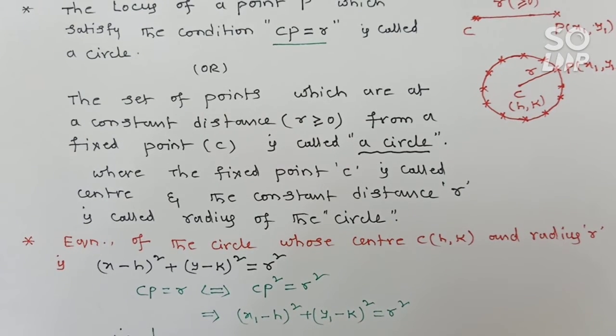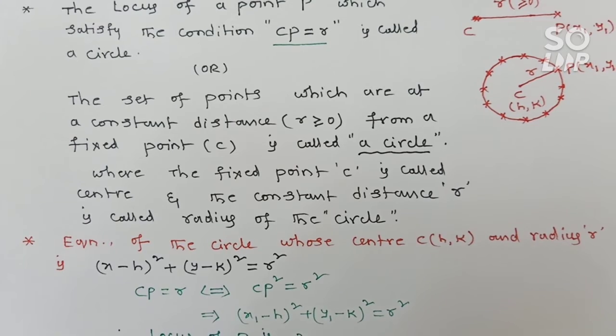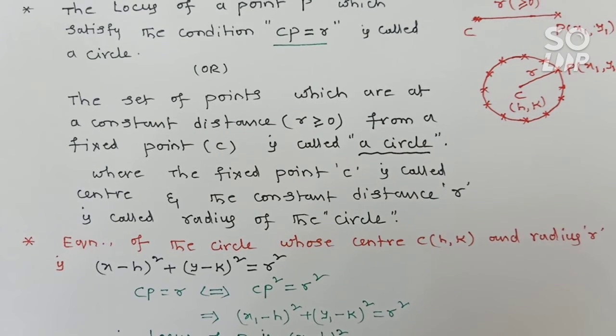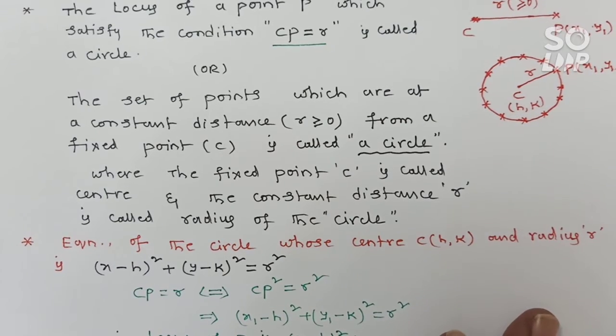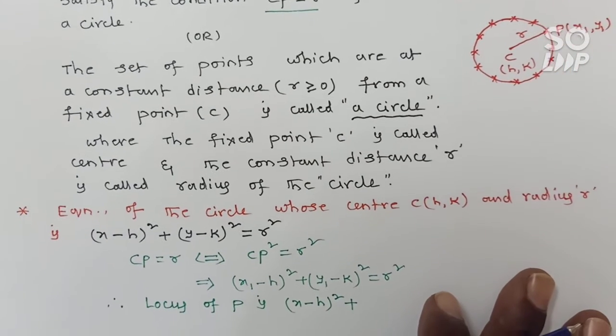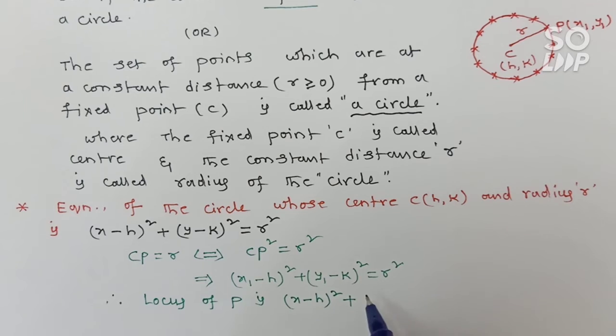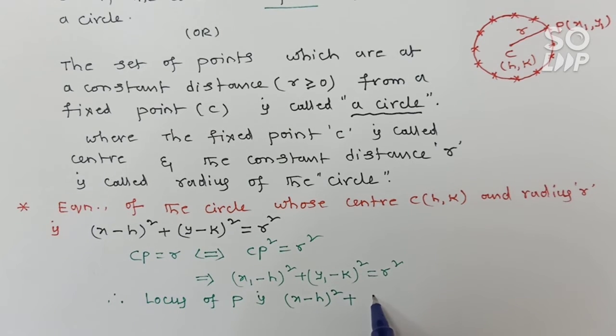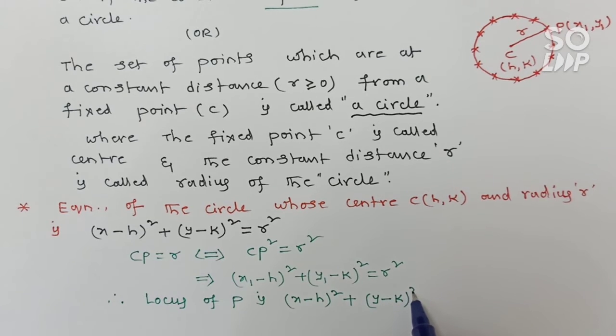Therefore locus of P is (x minus h) whole square plus (y minus k) whole square is equal to r square.